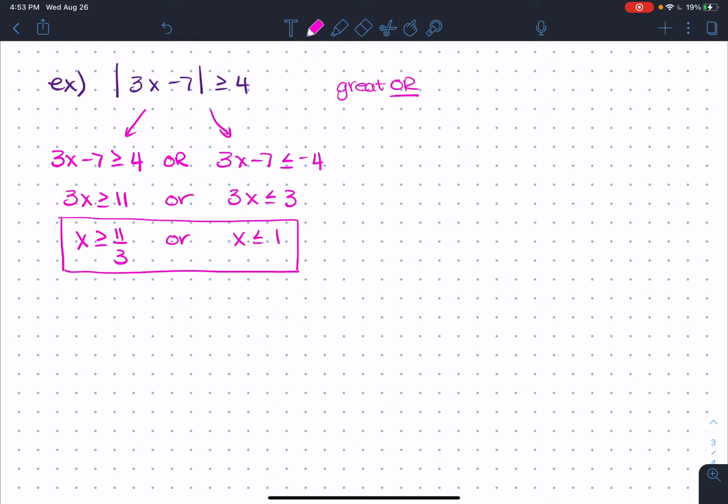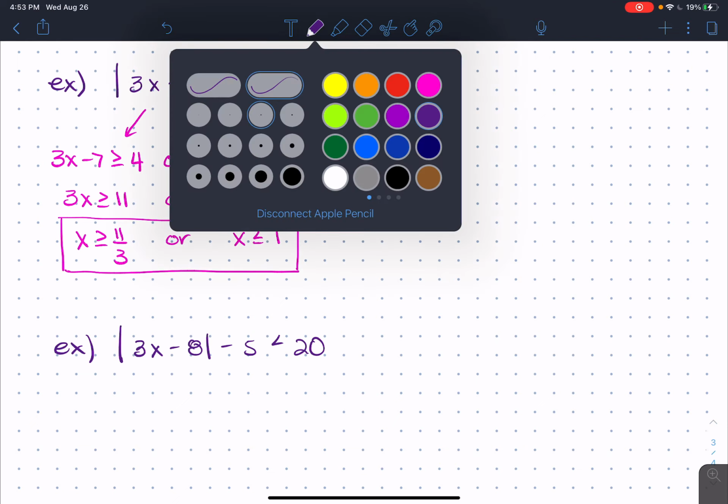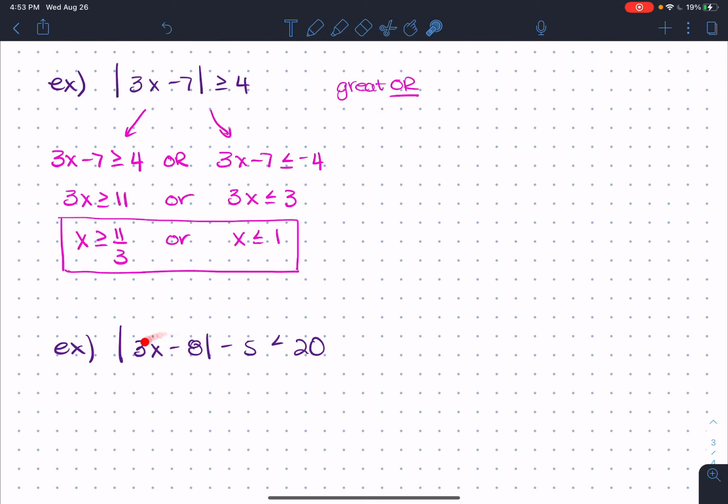Let's try the absolute value of 3x minus 8, minus 5, is less than, I don't know, how about 20? Okay, so remember what I said you had to do first, that you have to isolate the absolute value.